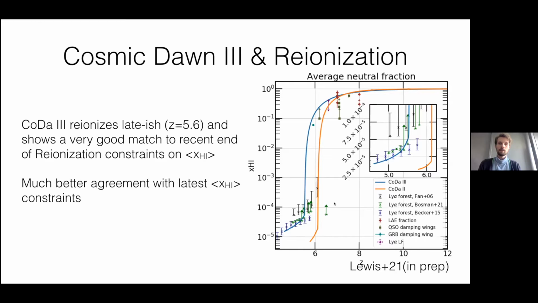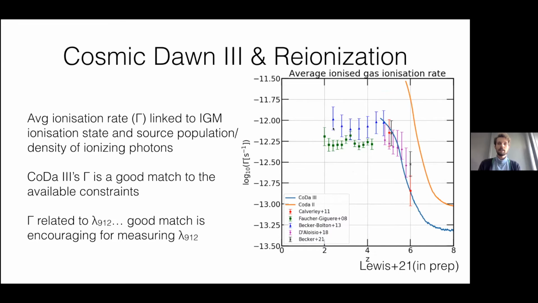Another way we can look at this is through the average ionized gas ionization rate, Gamma for short. This is linked obviously to the ionization state and the source population in the simulation. You see again with the same color codes that the CODA 2 curve was excessively high, which makes sense.